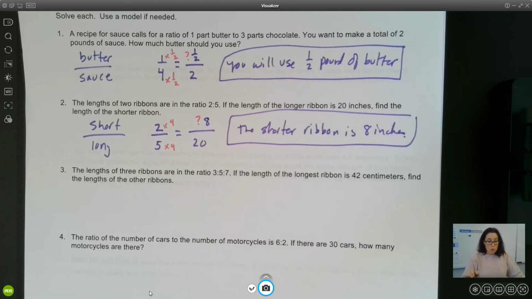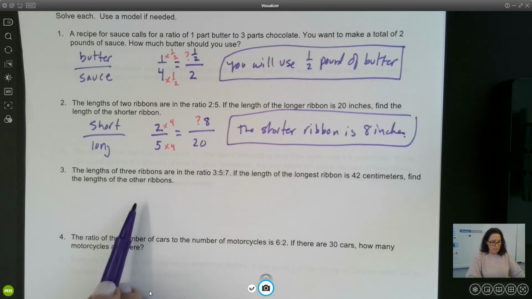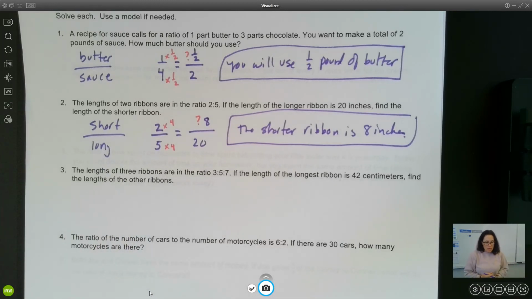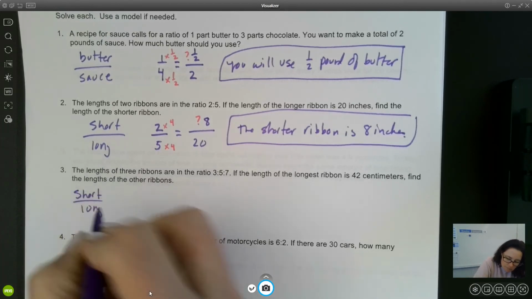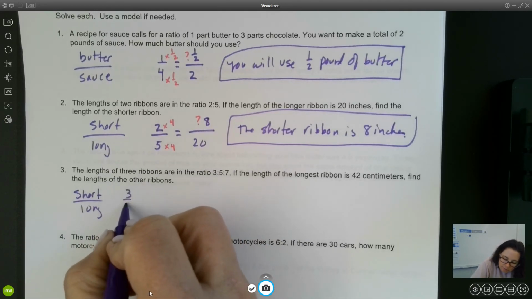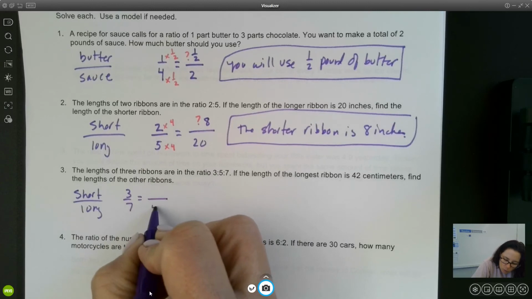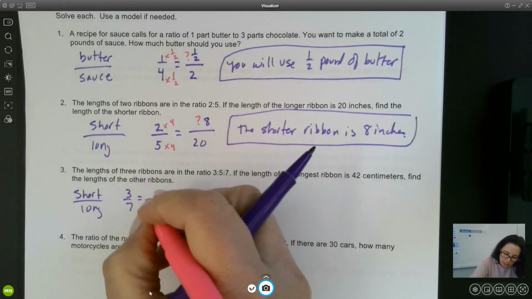So we have 2 of these to do for this problem. We have to find the short piece and we have to find the medium piece. So I'm going to do short over long. Short over long is 3 over 7. And I'm given 42, and I'm trying to find out this value right here.